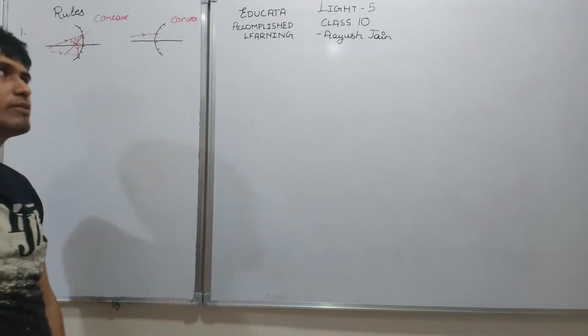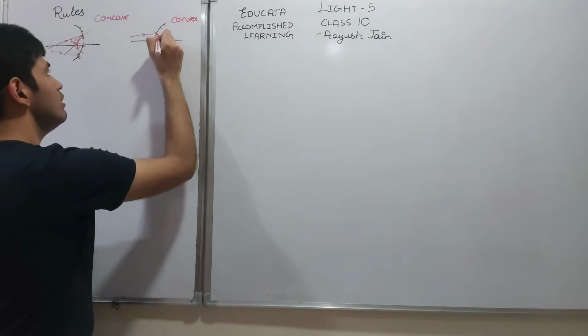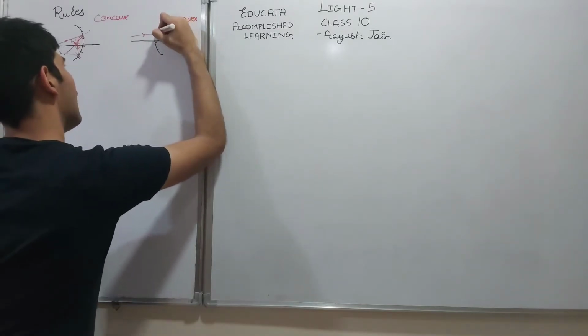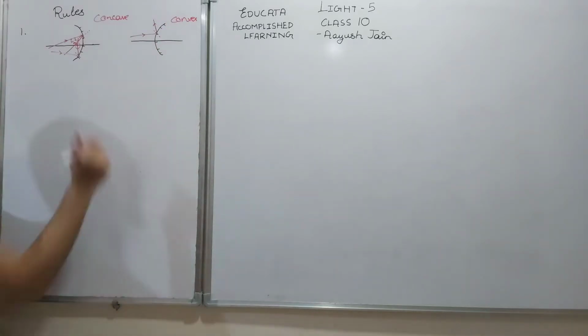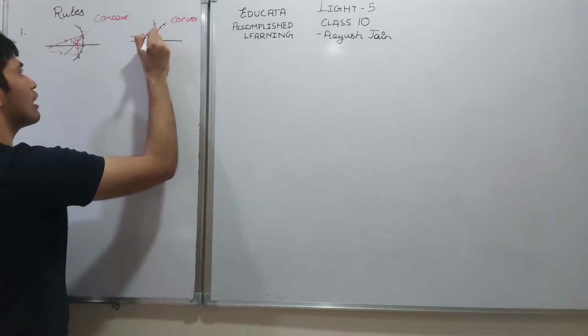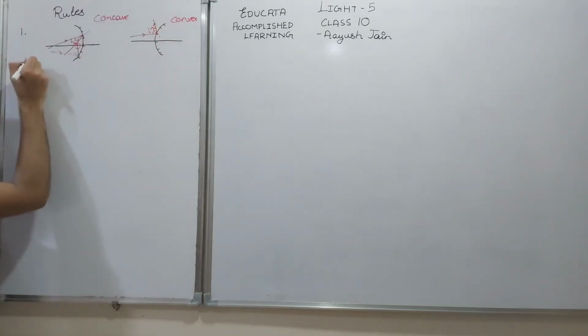Now what will happen here also? This is the normal. You will have to make a ray something like this, which is the reflected ray, and this is the angle of incidence, this is the angle of reflection, and we all know that the angle of incidence is always equal to the angle of reflection.